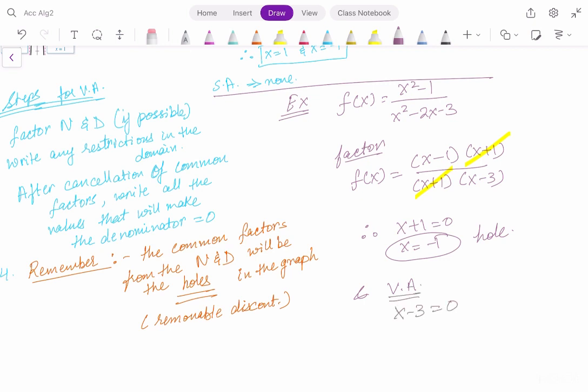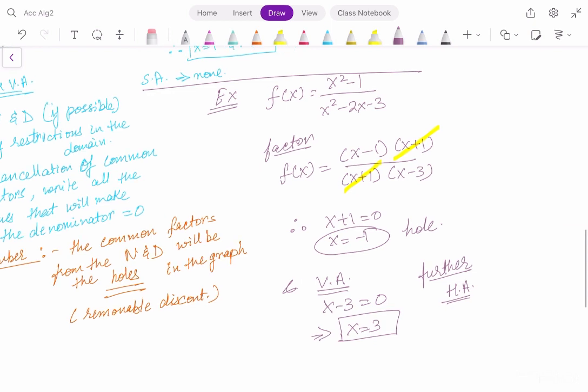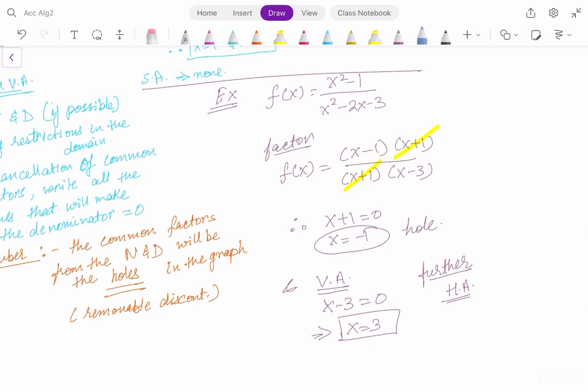Now, what is left? x minus 3 is left in the denominator. That is where we will have a vertical asymptote. The highest powers in the numerator and denominator are the same, so can I evaluate the horizontal asymptote? The horizontal asymptote will be the leading coefficient of the numerator over the leading coefficient of the denominator.